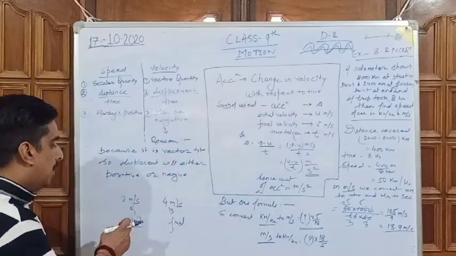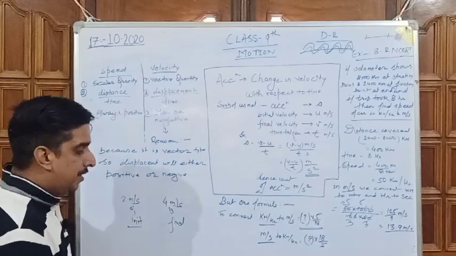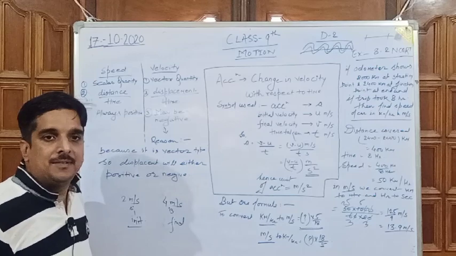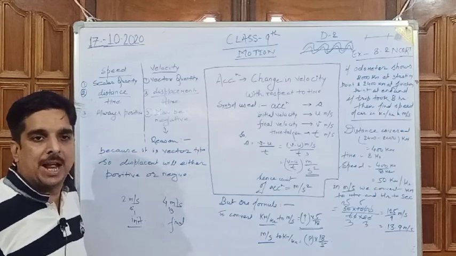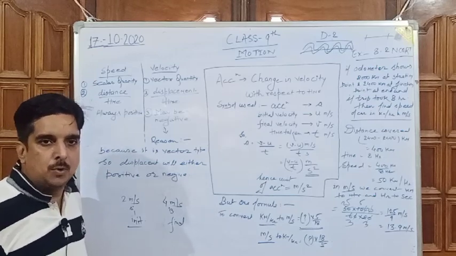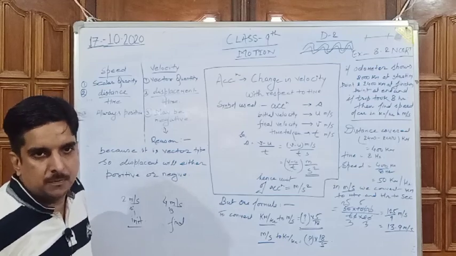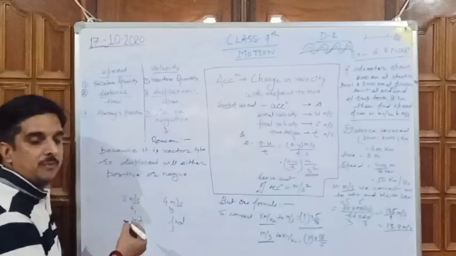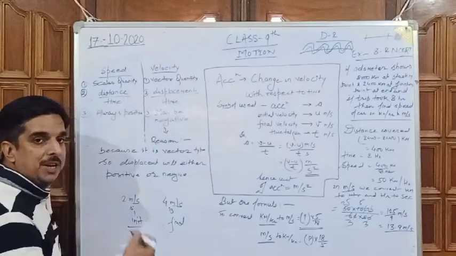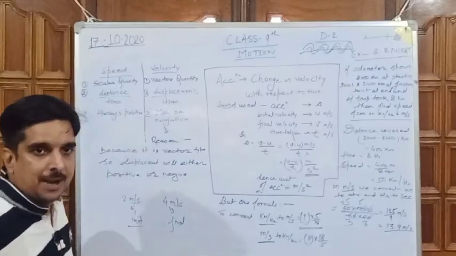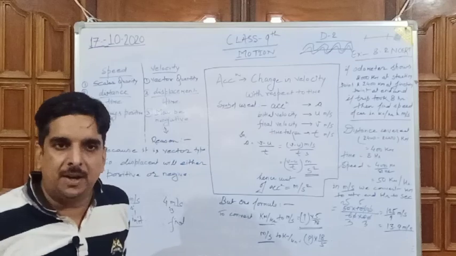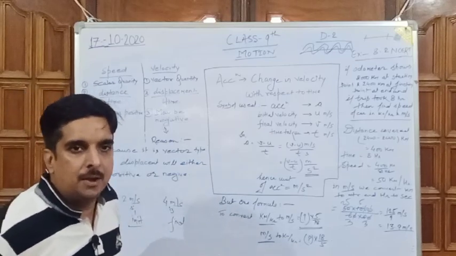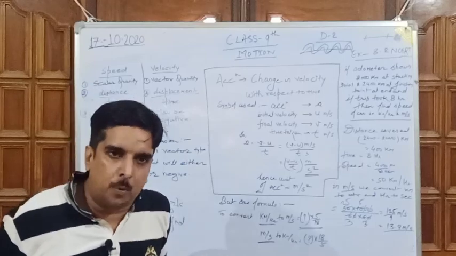Here again I am repeating that we took 2 points, A and B. A is known as the initial point for any object, B is known as the final point for that object. Now we'll put a velocity of 2 meters per second at point A, the initial point, and 4 meters per second at point B, the final point.